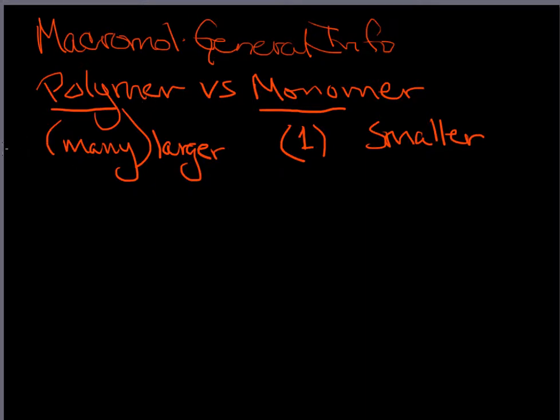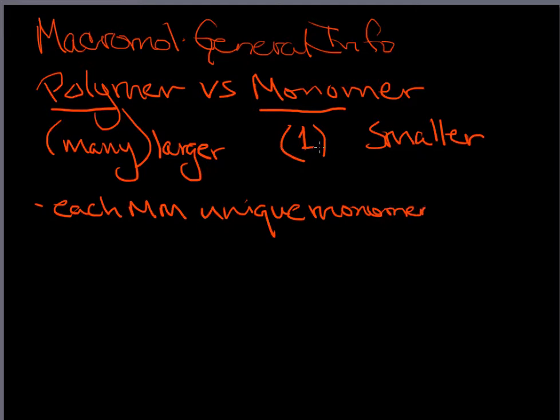And each macromolecule, I'm going to call them MMs for now, will have its unique monomer, and therefore unique polymers. I don't think I need to write that down for you guys. That's basically the terminology there.